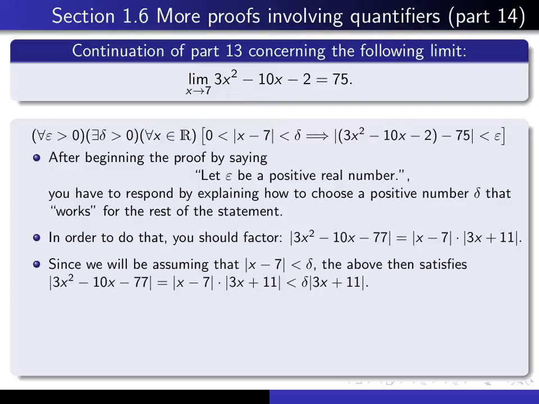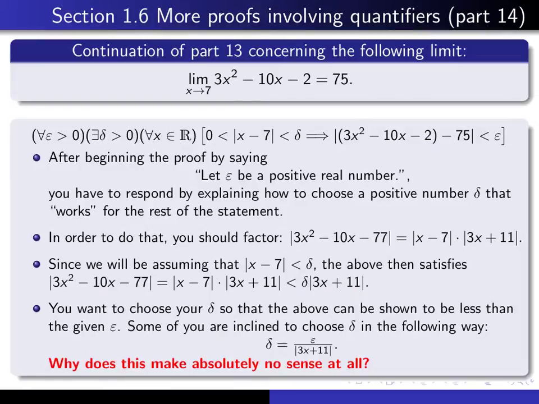Now we know that one of our assumptions in the proof will be that absolute x minus 7 is smaller than delta, and therefore after writing this down we know that this is smaller than delta, and so we get that this thing is smaller than delta times 3x plus 11.